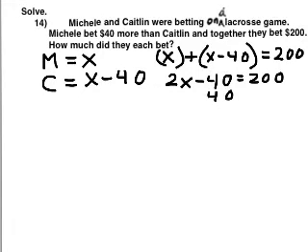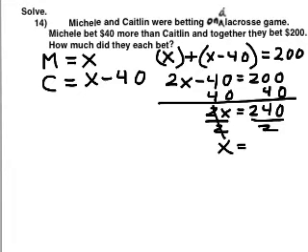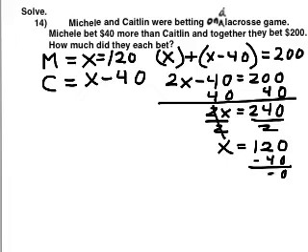Add 40 to both sides: 2x equals 240. Then divide by 2: X equals 120. X is Michelle, so Michelle bet $120. Caitlin bet $40 less, so minus 40, 120 minus 40 is 80.